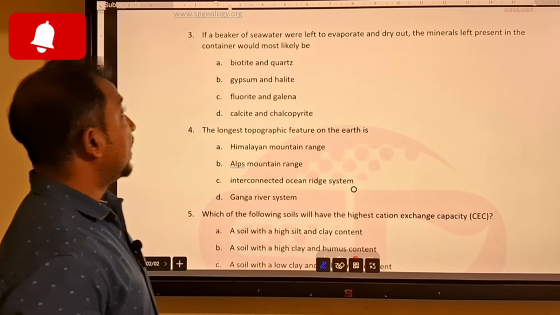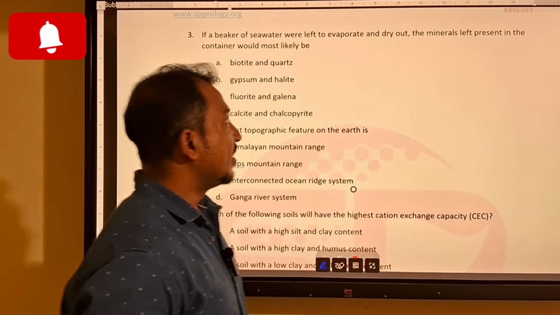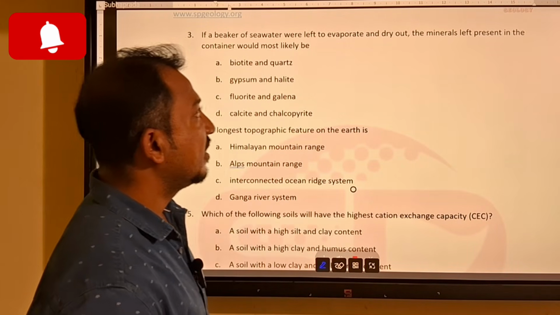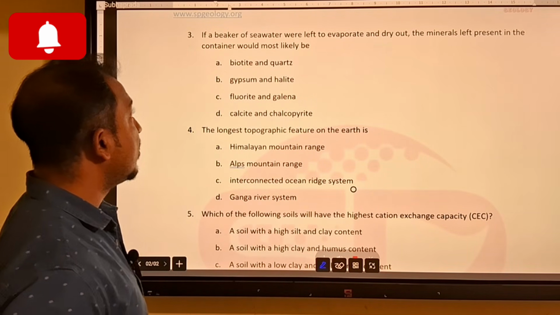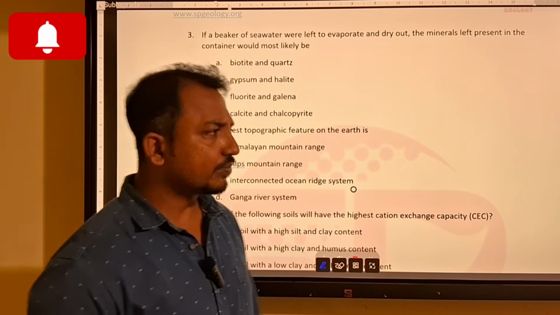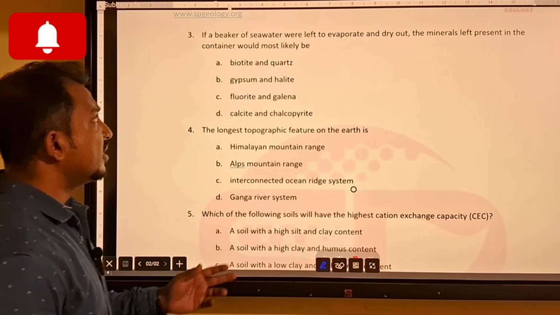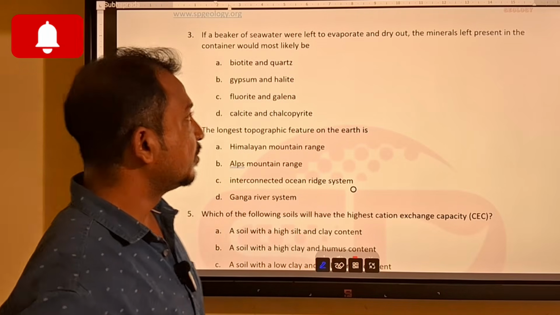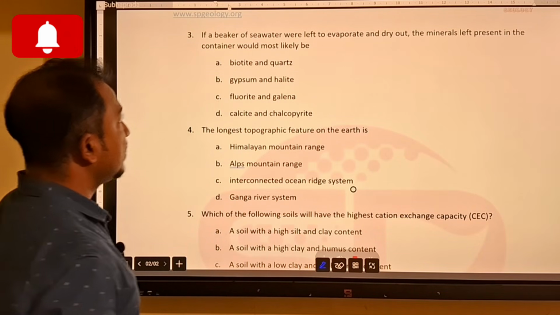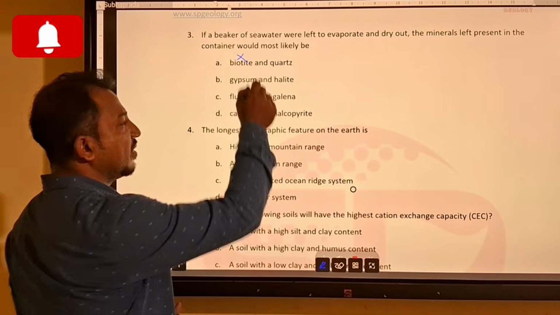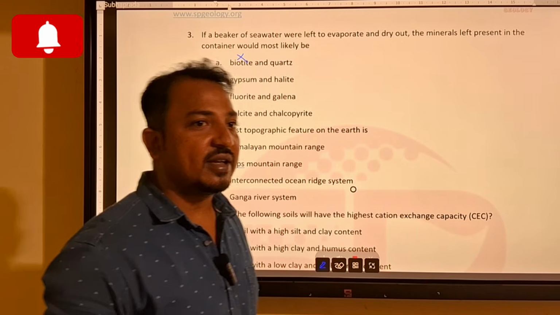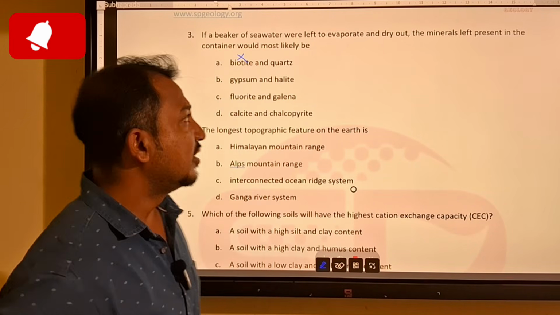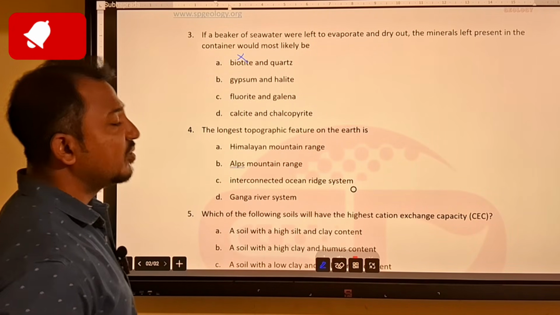Then, if a beaker of seawater were left to evaporate and dry, the minerals present in the container would most likely be? Because seawater evaporates, the deposition will be precipitation deposition. So we'll analyze the options first. Biotite and quartz: biotite is never produced by precipitation, so that option will be incorrect.